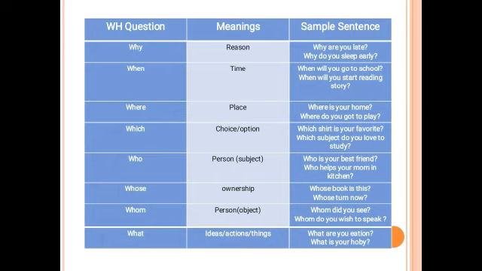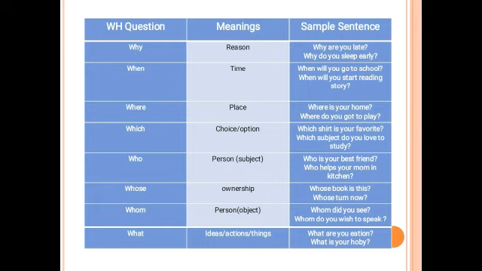So the answer of this question would be, I saw my friend. What is the object of the sentence? My friend is the object. So whom is answering the object, not the subject, because the subject is I over here. Same in the next sentence. Whom do you wish to speak?